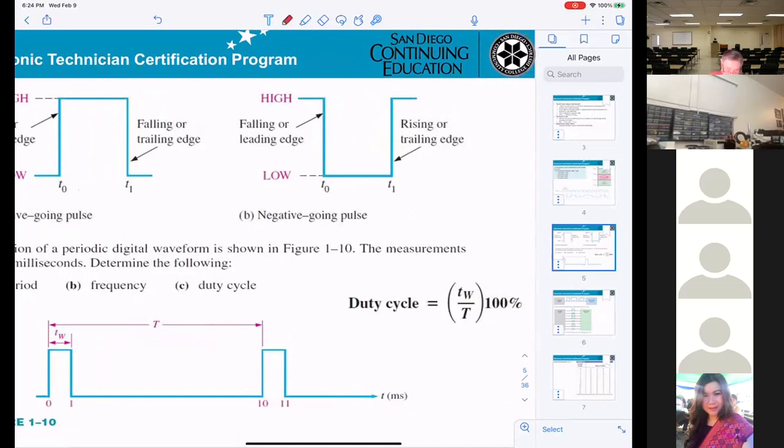Okay, now if I get this signal, so what is T? And also tW, the width.